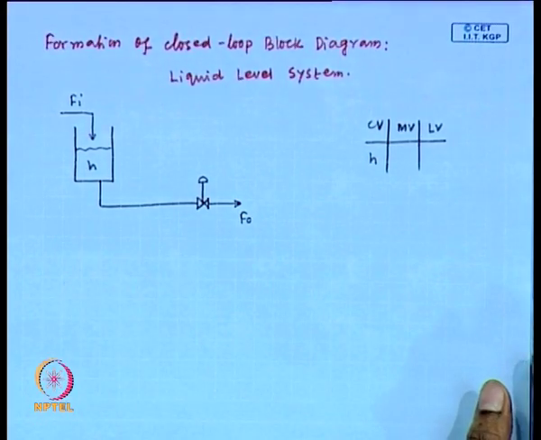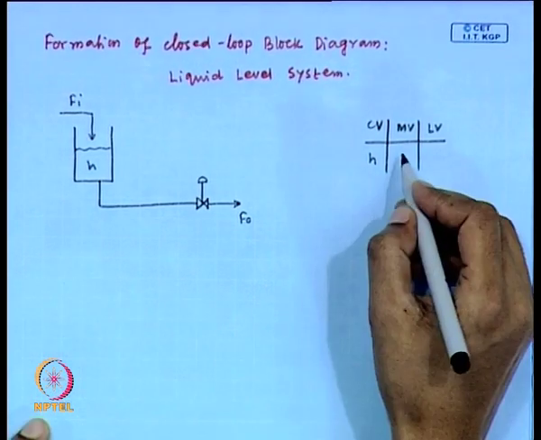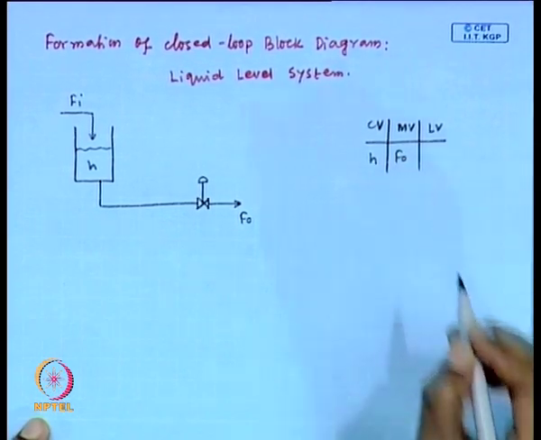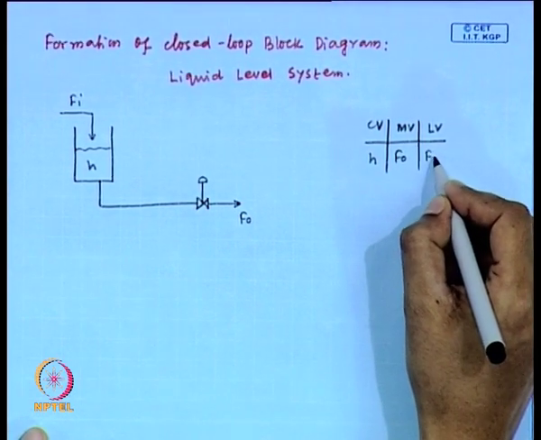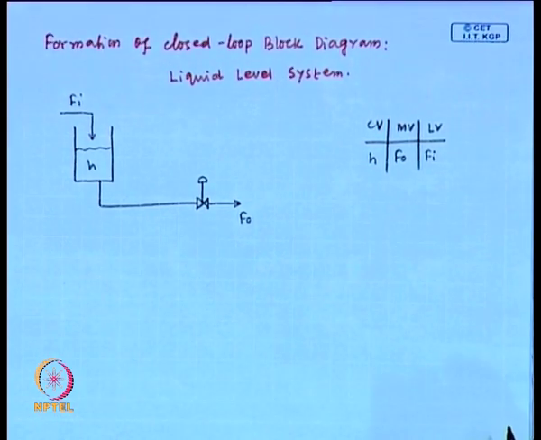Accordingly, height is the controlled variable. So, there are two options of manipulated variable. I mean, we can select either Fi or F naught. Suppose F naught is the manipulated variable, then what will be the load variable? Fi. If we consider F naught as the manipulated variable, then Fi will be the load variable.